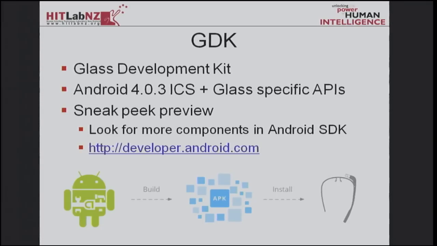This is not the final version, and there might be some missing pieces. Especially since the Android SDK is underlying the GDK, if you cannot find any information or details about the features you're looking for, there's a high chance that the Android SDK might already provide those. So please don't forget to look at the Android SDK as well if you are missing something or cannot find details at the GDK level.